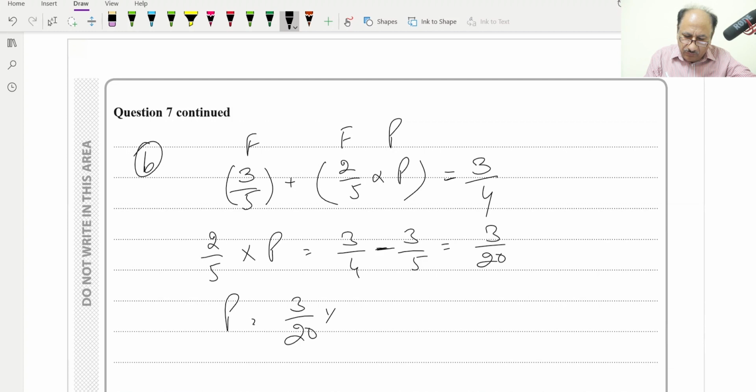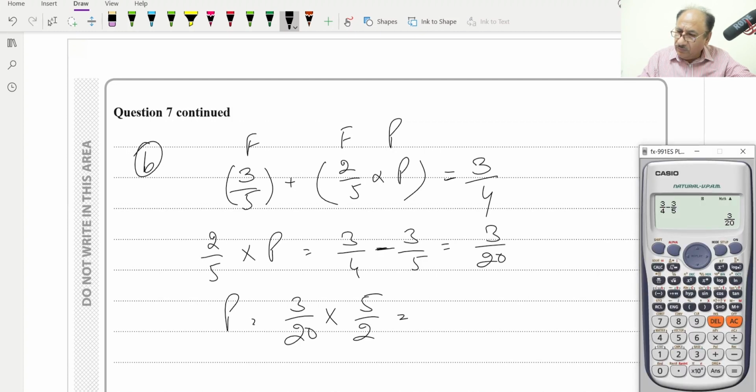by 5, or we can multiply it like this: 3 over 20 multiplied by 5 over 2, which is equal to 53 over 20. Basically, we have made a mistake.